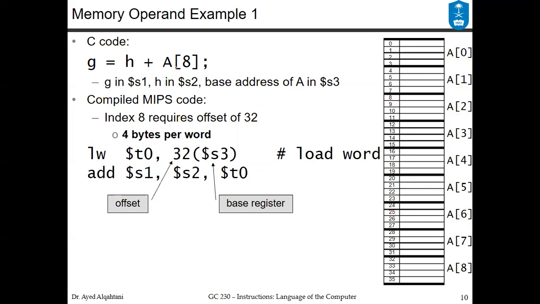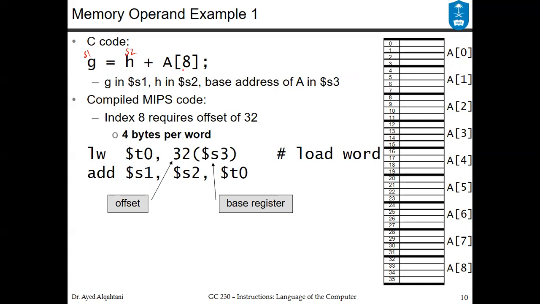Here in this example, we have A8. So we know that 8 times 4 is 32. You start from 32, and you have to reserve 4 locations: 32, 33, 34, and 35. Now, to convert this C code to assembly instructions, first we have this assumption: G is S1, and H is S2.